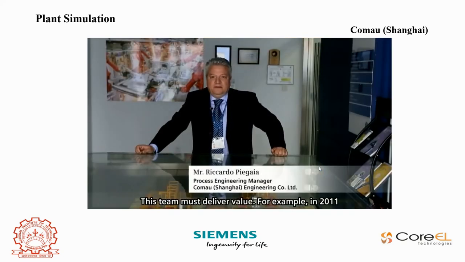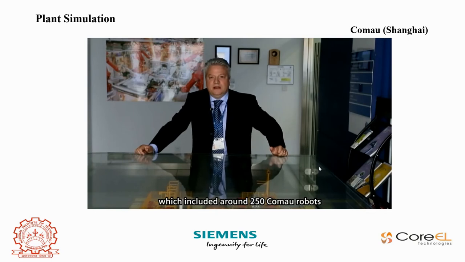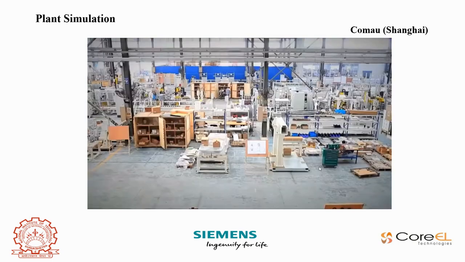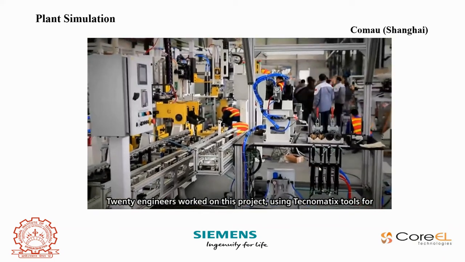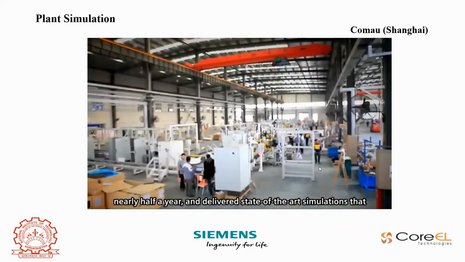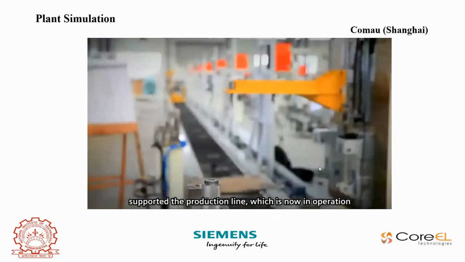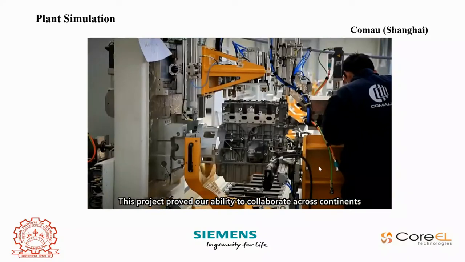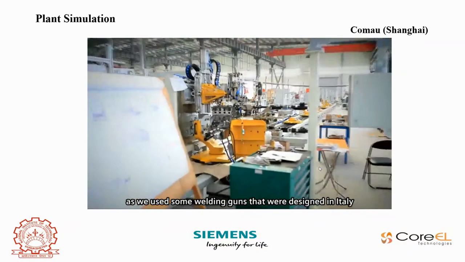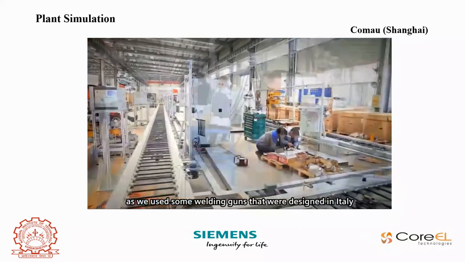This team must deliver value. For example, in 2011, our biggest project was a complete body-in-white line for Fiat China, which included around 250 Comau robots. 20 engineers worked on this project using Technomatix tools for nearly half a year, and delivered the state line and hard simulation that support the production line, which is now in operation. This project proved our ability to collaborate across continents, and we used some welding guns that were designed in Italy.